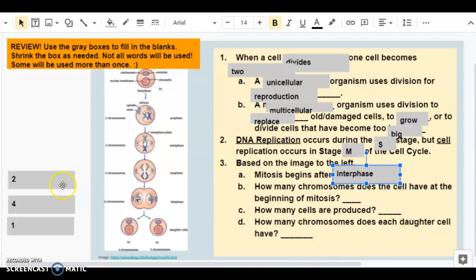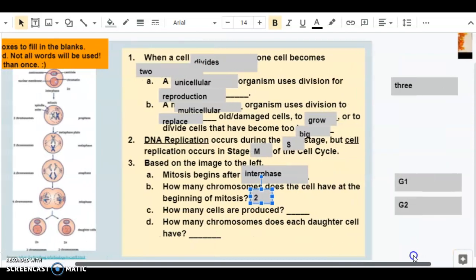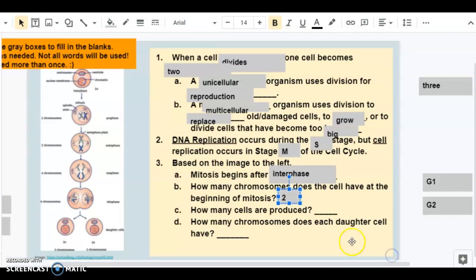This cell had 2 chromosomes at the beginning of mitosis. And it produced 2 daughter cells.